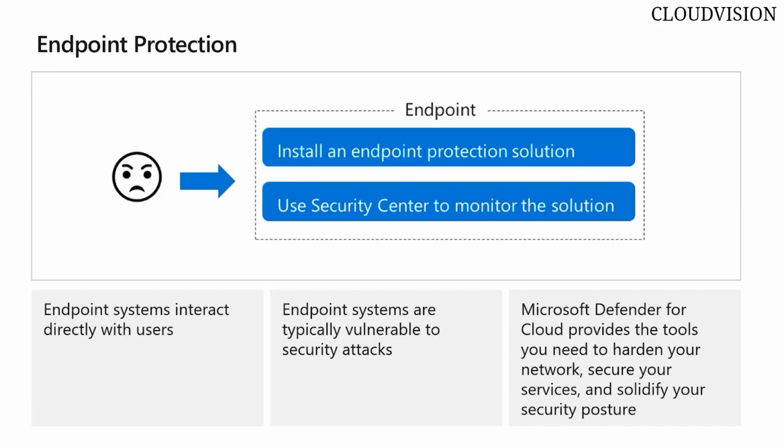Now, maybe you are installing some sort of anti-malware solution. Maybe you are installing an antivirus over there, isn't it? So if we talk about a specific endpoint, how to protect that endpoint, we need to install an endpoint protection solution over there.